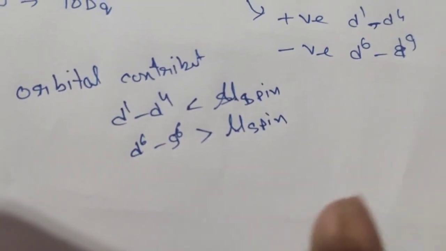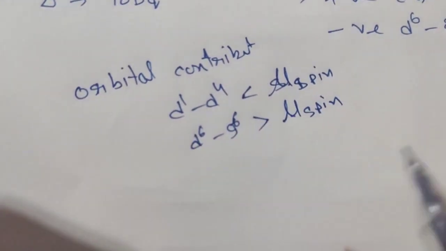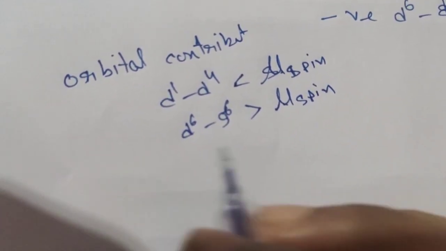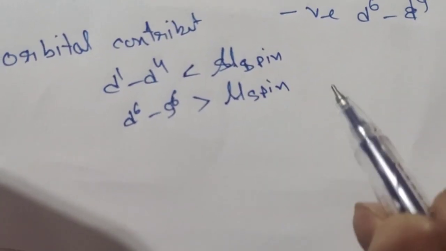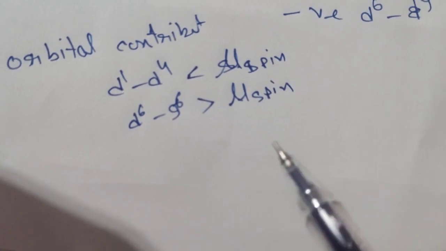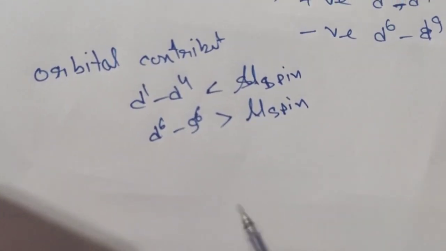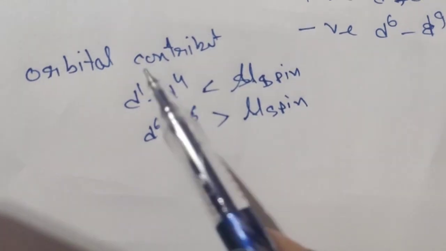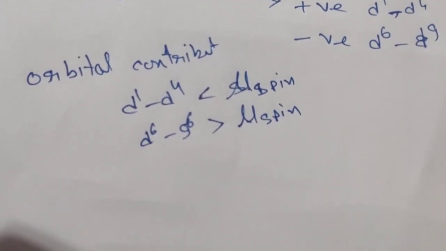So if there are options, like in MCQ questions, where the observed magnetic moment is greater than the spin only, which you can calculate by counting how many unpaired electrons there are, you can predict whether there is orbital contribution in the system or not.